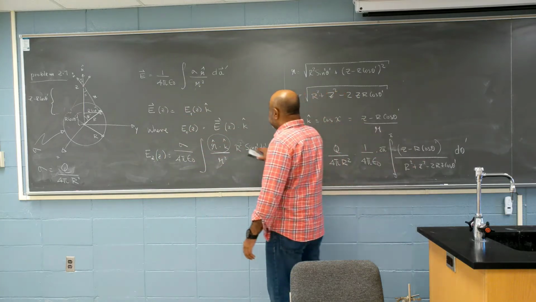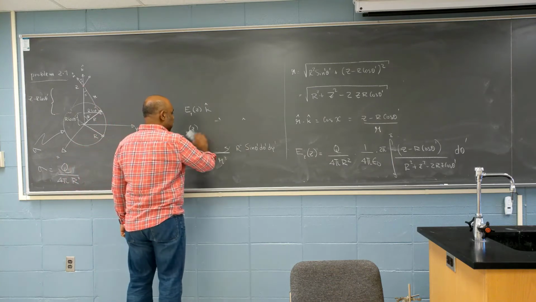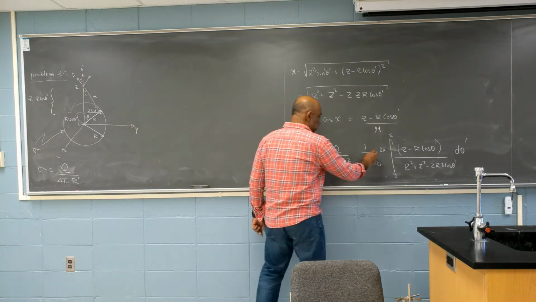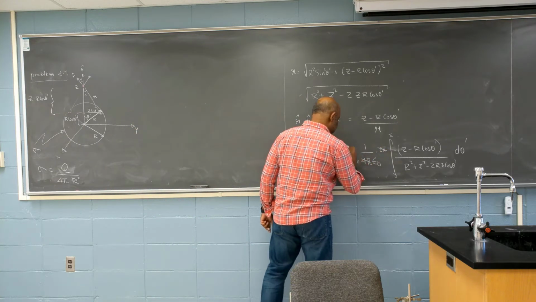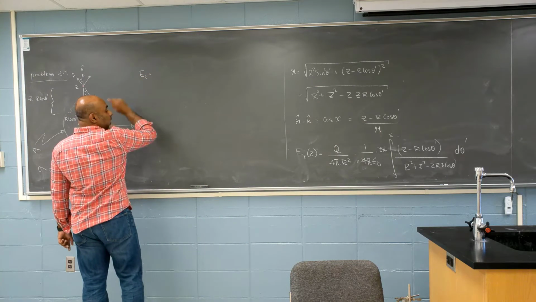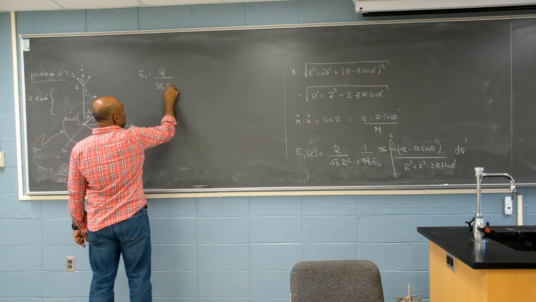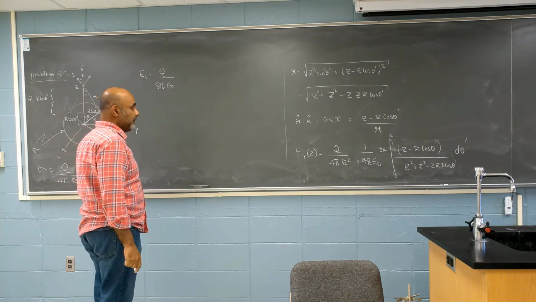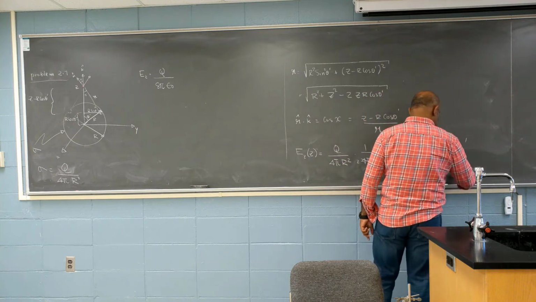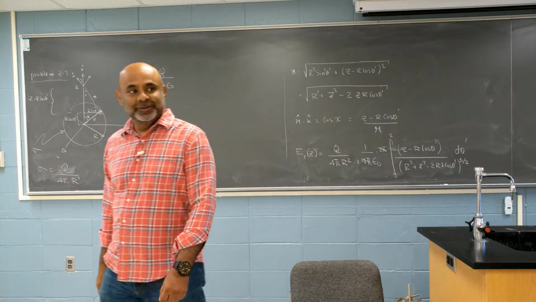So let me simplify this. This and this becomes a 2. So I would get E_z is equal to Q over 8 pi epsilon naught. Oops, that's not true. Good.